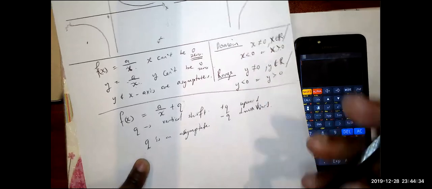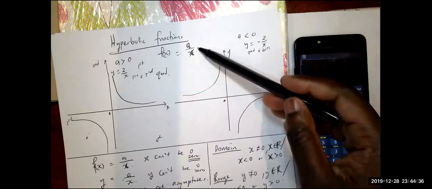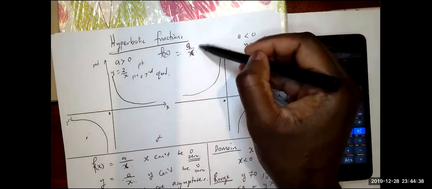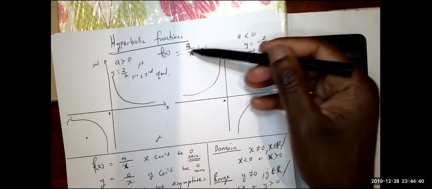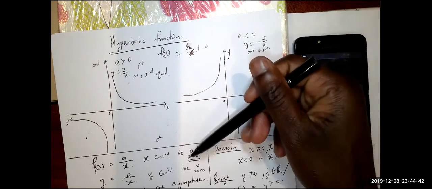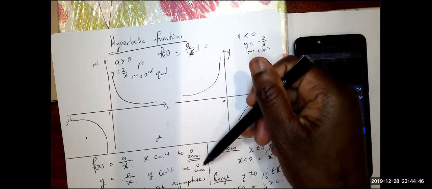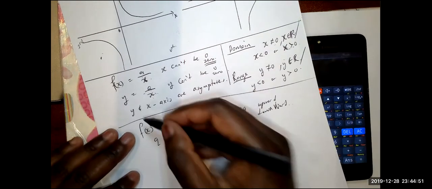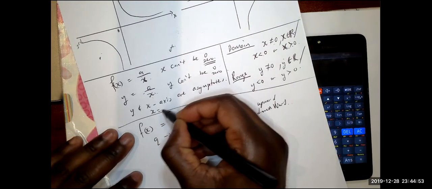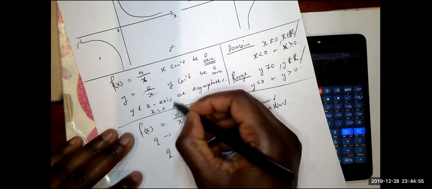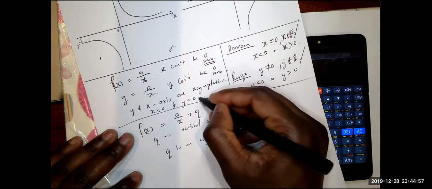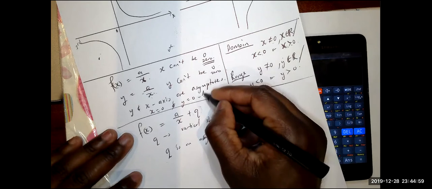Like in this case, when q is equal to 0, because this one is more like plus 0, it means that your asymptote is 0, like what we said here. The equations for the asymptotes are x equal to 0 and y equal to 0.